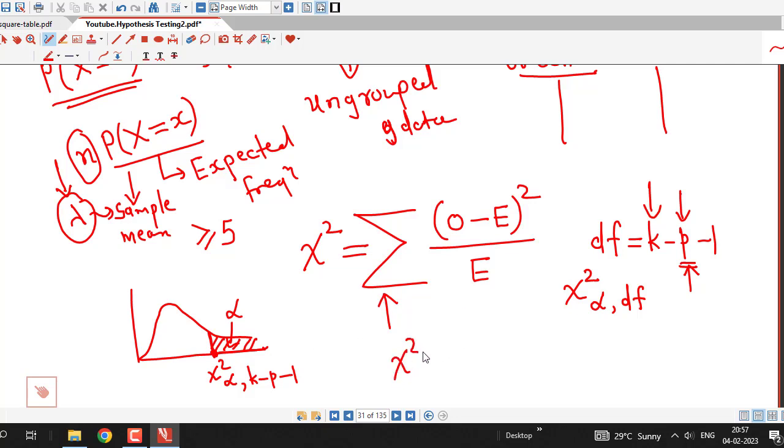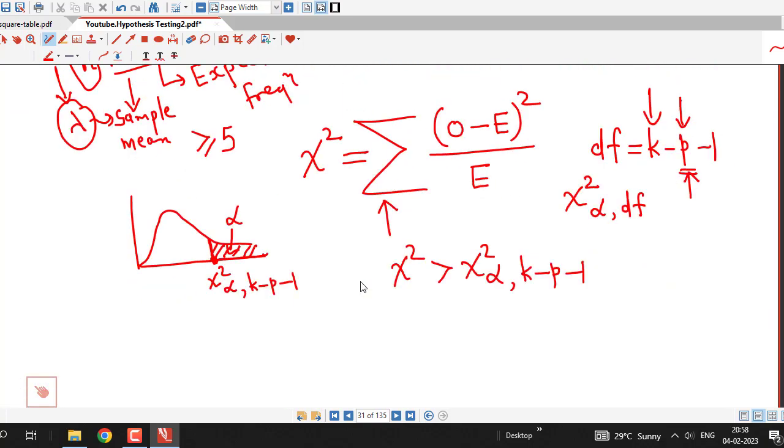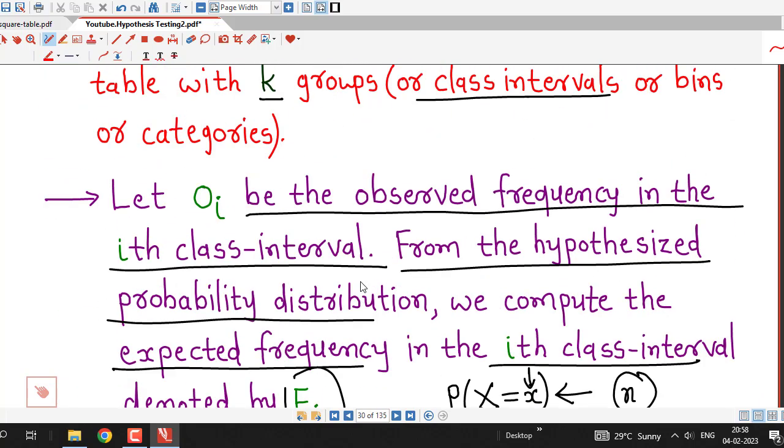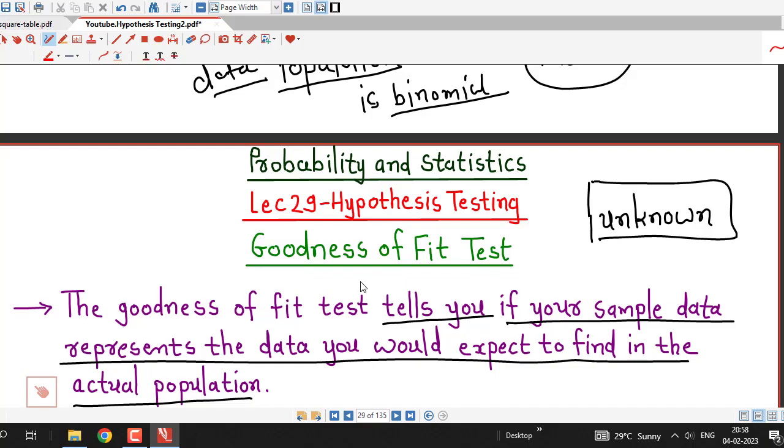If the calculated value of the test statistic is greater than this critical value, then we reject the null hypothesis. So this is the idea of the chi-square goodness of fit test, and in upcoming lectures we will discuss some questions related to it.